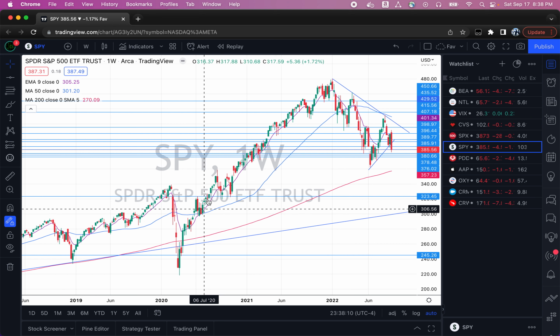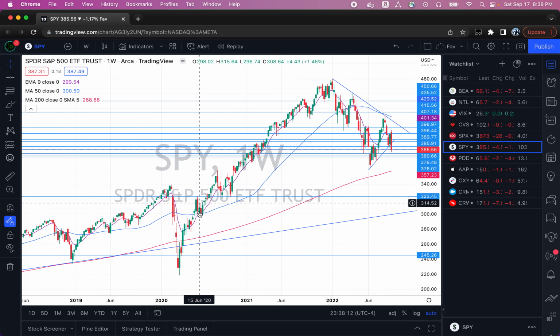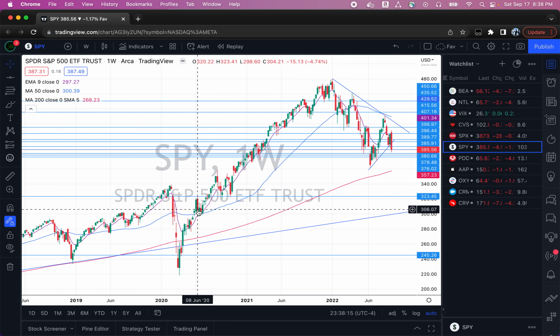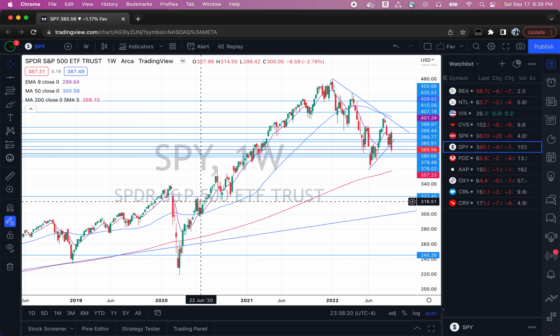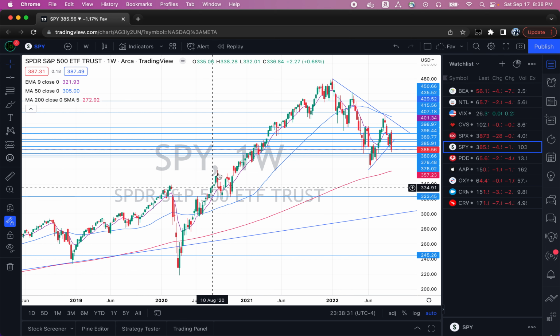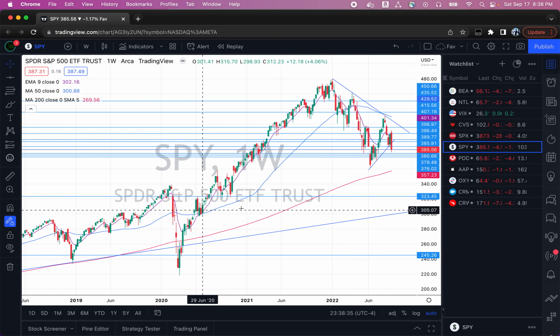So if you see this one, this is also a bearish engulfing, and what happened next week? It went up, almost retraced back more than 50%, and then back down, then retested, and then back up, and it continued.